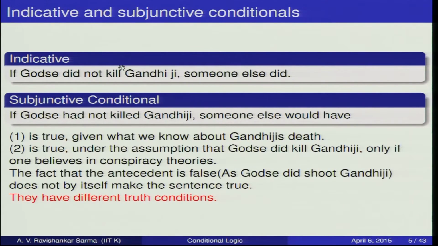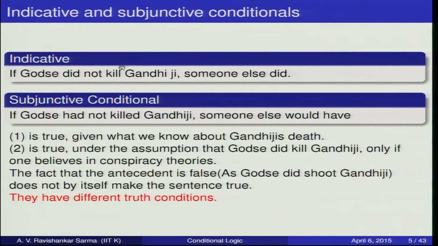The second sentence is going to be true under various other assumptions, for example that Godse did kill Gandhiji, provided you have some theories, conspiracy theories, which are floating around. All these assumptions are taken into consideration and put into perspective, and then you will be able to analyze whether this conditional holds or not.